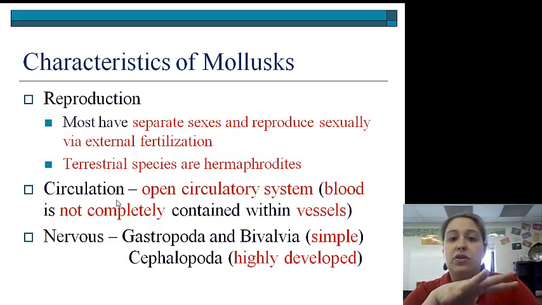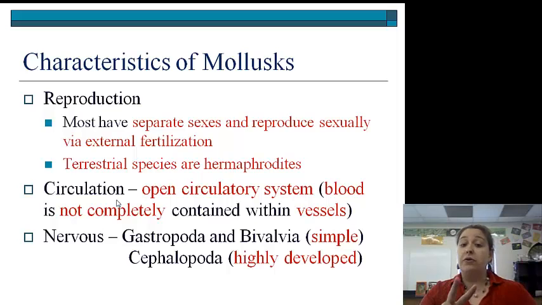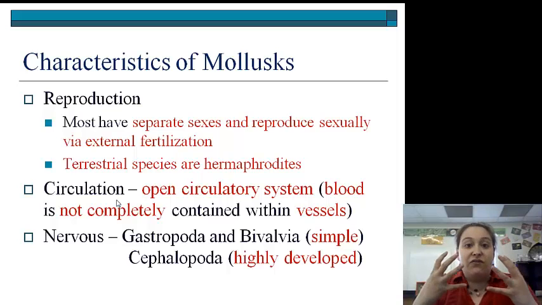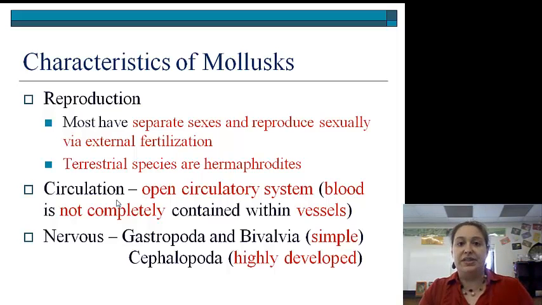They do have a nervous system. Now, 2 of our classes, the gastropodia and the bivalvia, have a very simple nervous system. But the cephalopods, talking about our squids, our octopus, have very highly developed nervous systems. They can even play games, see patterns, and do puzzles.